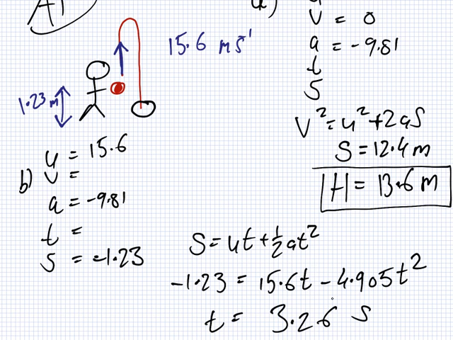So that's 3.26 seconds. I'm being lazy, so yes, I typed it in on the calculator, but no. Sorry. You can use the formula, and you can check the answer on the calculator, but you can't be lazy like me.